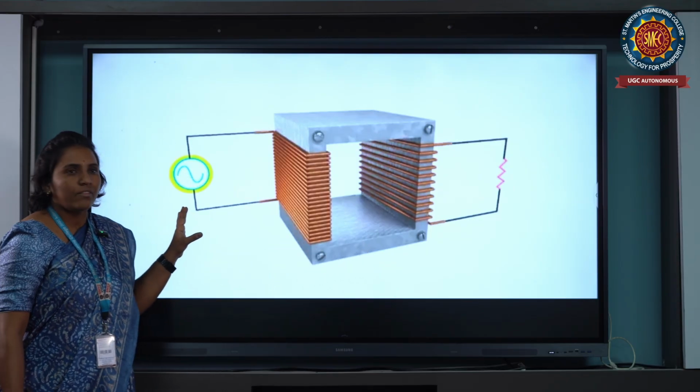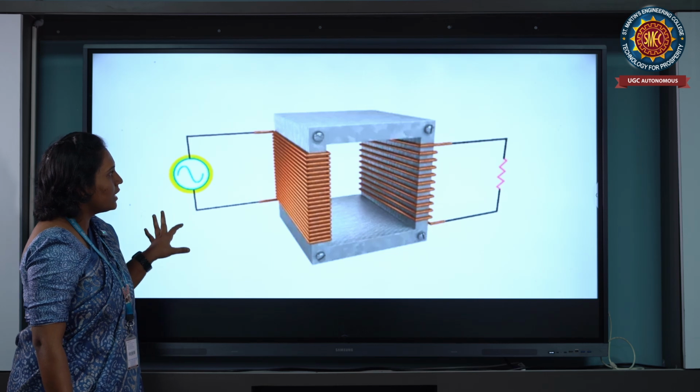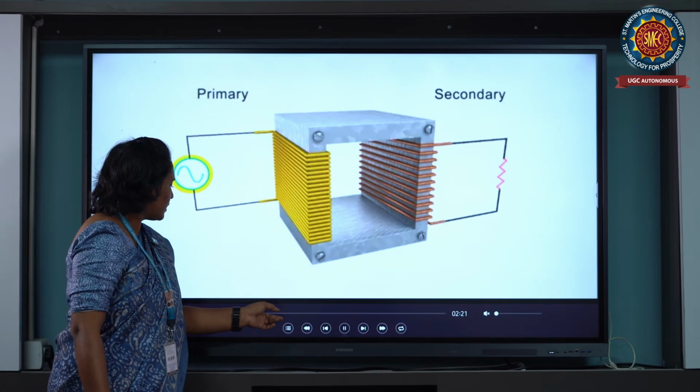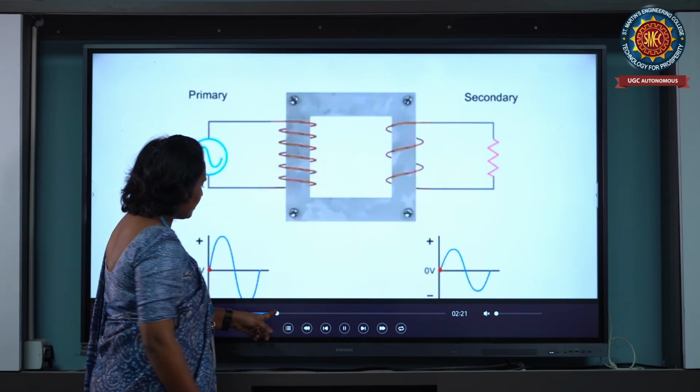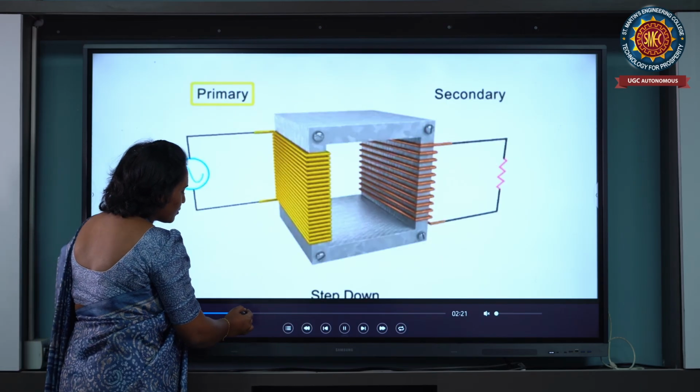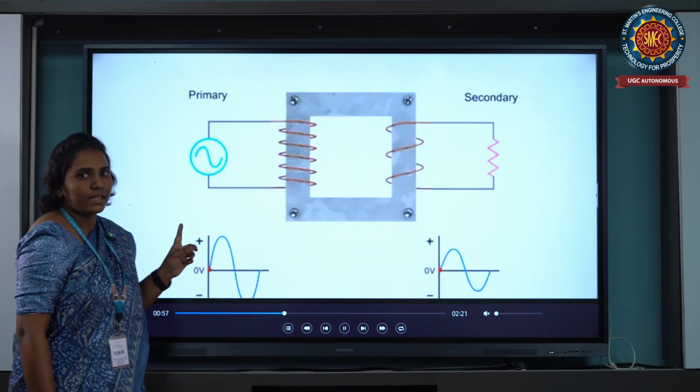This is the working principle of the transformer, how it works based on voltages. We have two types of transformer, step up and step down.